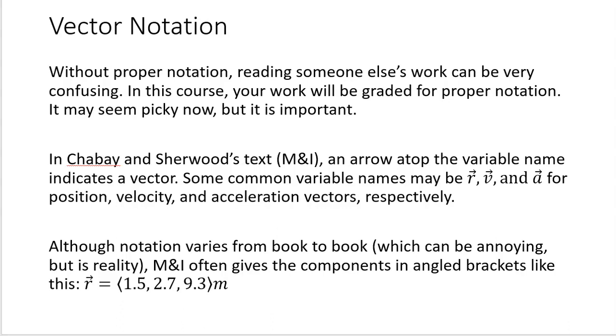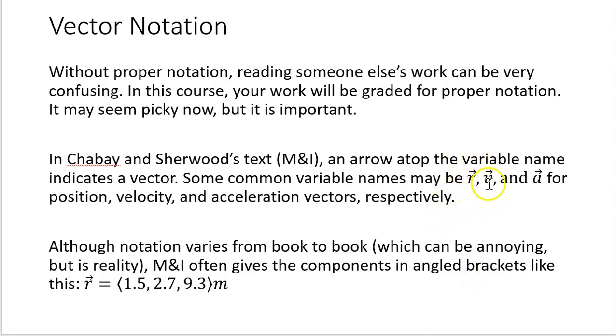Okay, so regarding notation, as we've already said, when we indicate a vector, what you do is you write the variable name. So for example, a common position vector variable name might be r, right? And then you put an arrow on top of it, okay? So as shown on the slide here, you've got some common variable names.